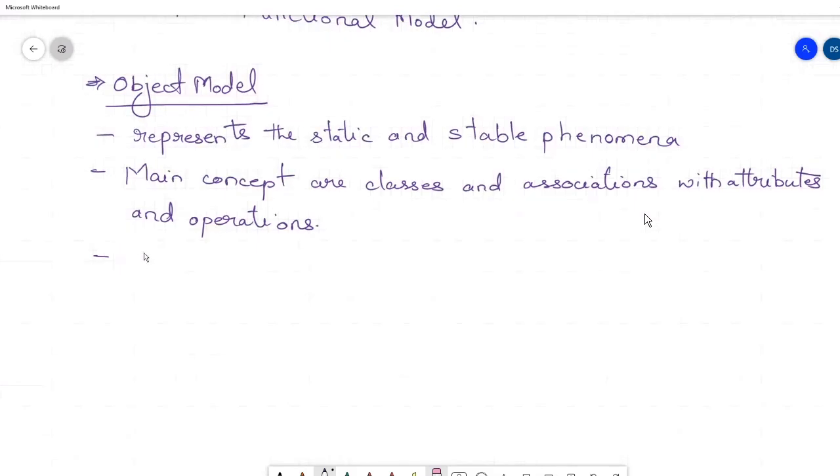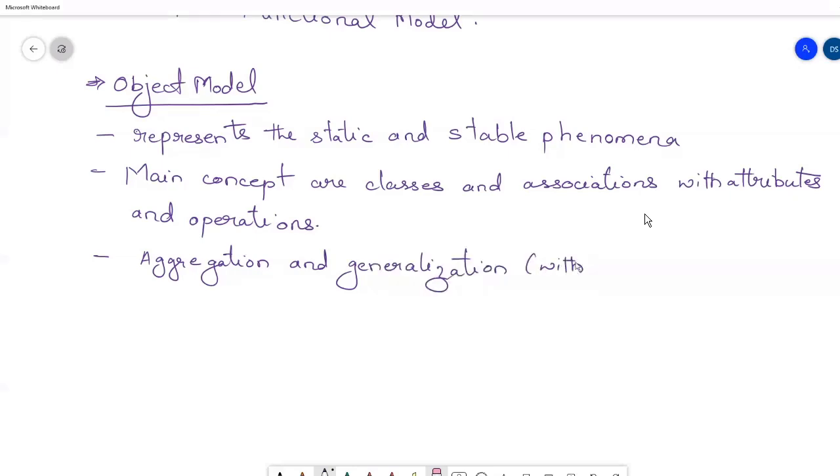So it would always have aggregation and generalization with multiple inheritance, which are predefined relationships.